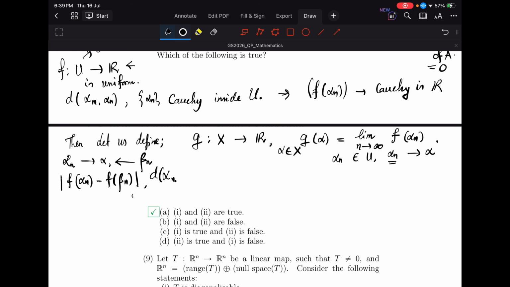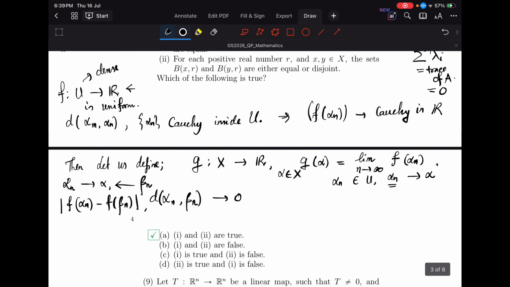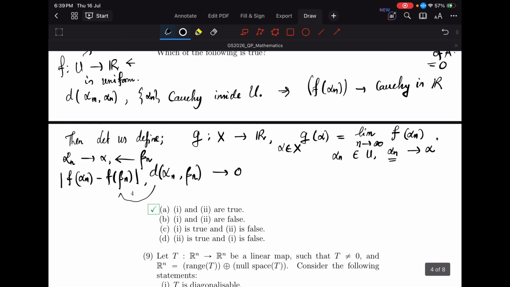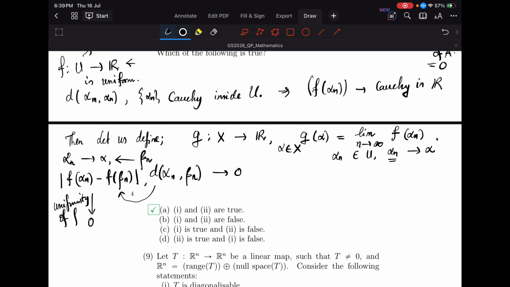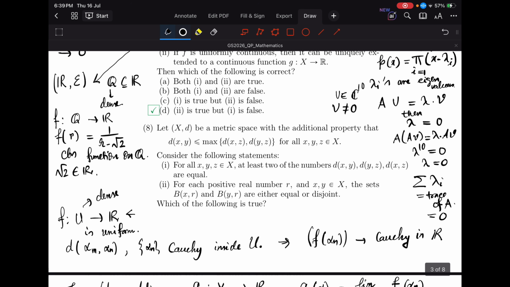D of alpha n comma beta n tends to 0, right? And this will immediately imply that this modulus also tends to 0, by uniform continuity of f. Okay, so this option is correct.